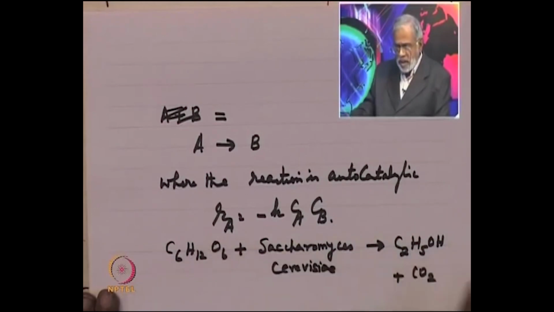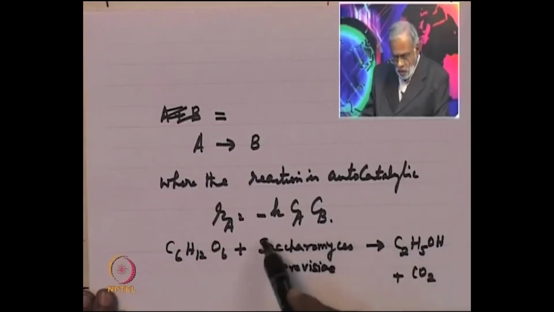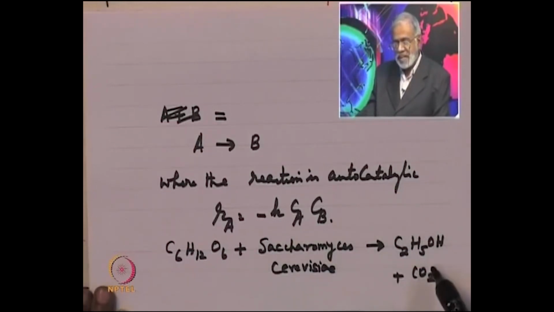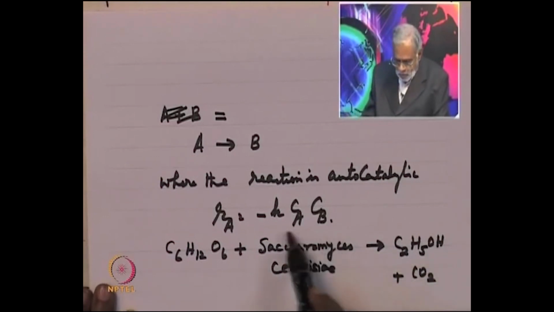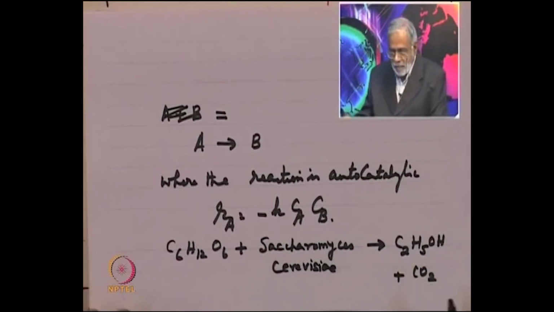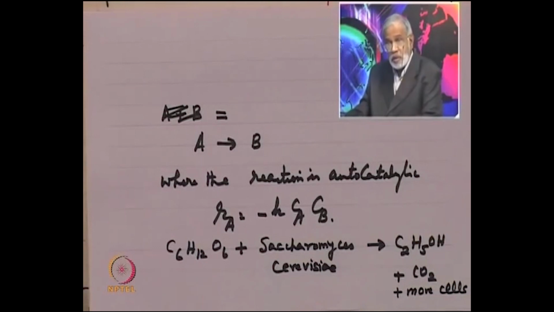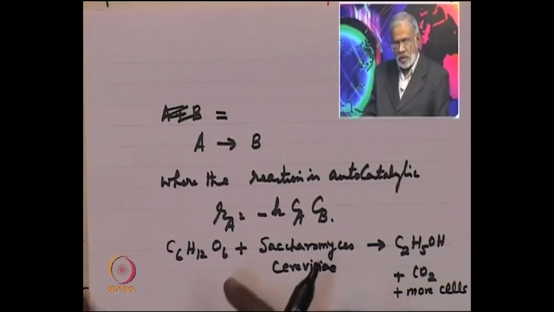Now, in this particular reaction, you will find that unless you put in Saccharomyces and get the appropriate conditions, you will not be able to produce alcohol. So, the presence of Saccharomyces makes this reaction happen. In that process, more cells are formed. In principle, these cells can be harvested and then put back into the process, that is one way.